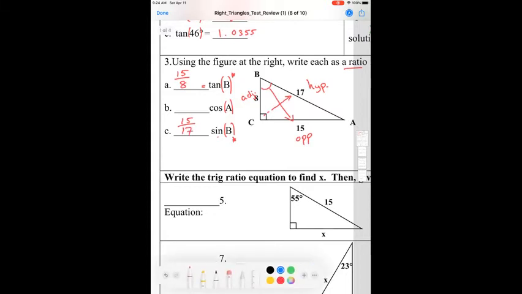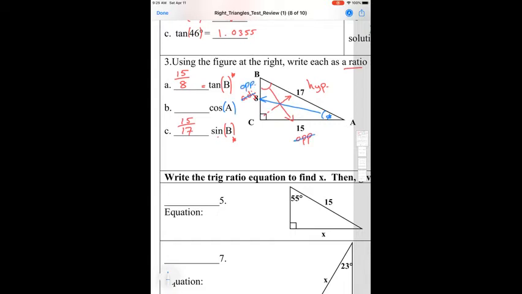Now I'm going to leave it labeled, but this time I'm going to use blue, and write it over just so that you can see how it's changing. If I'm going to use A as my angle of reference, okay, here's my new angle of reference. We're color coding this. If A is my angle of reference, across my angle of reference is no longer the adjacent side, but now the opposite side.